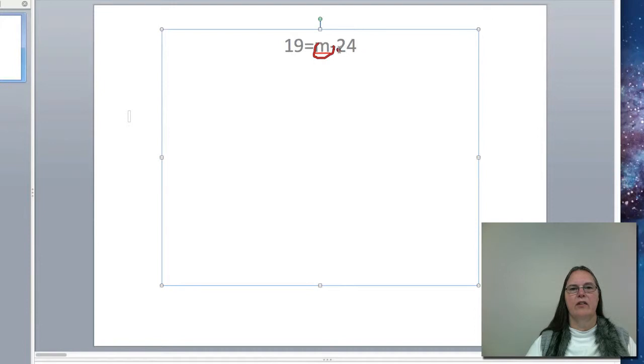In this case, we have the opposite of 24. And with the opposite of 24, well, how do we get rid of it? That's all we have to ask ourselves is, how do we get rid of it? So this is what we'll do. We'll add the opposite this time. Add the opposite of 24 to both sides.